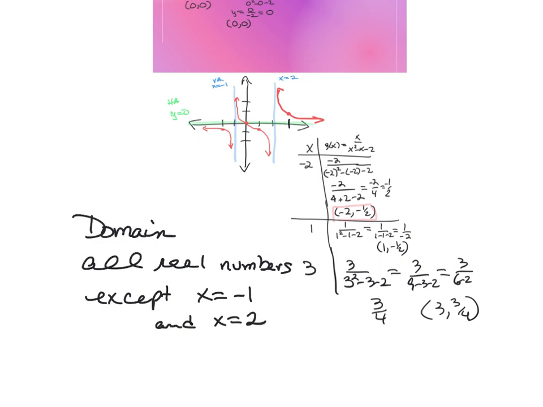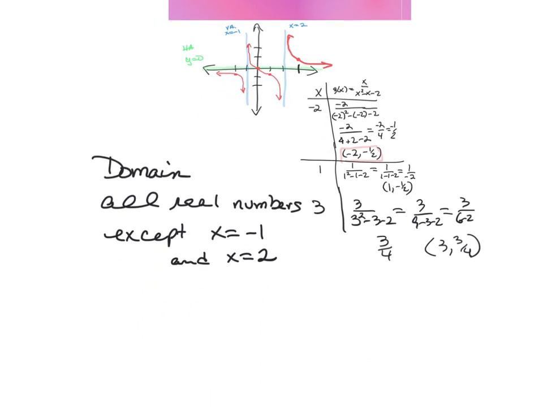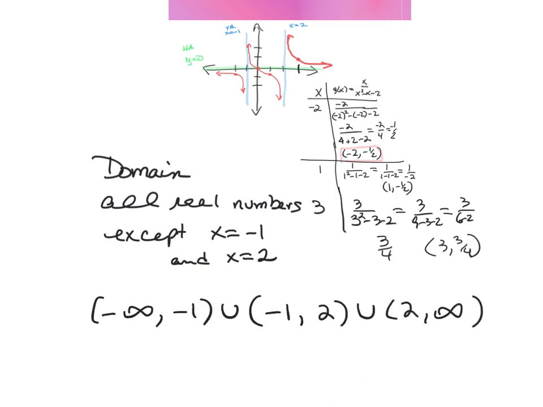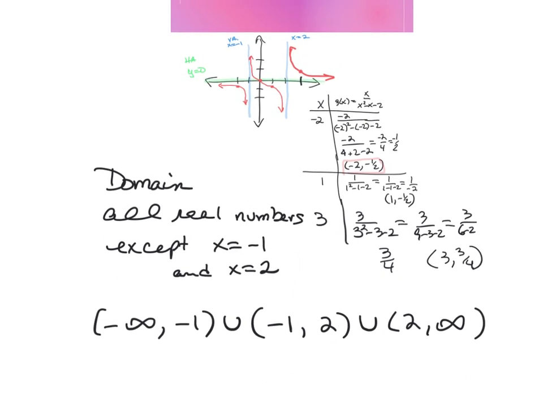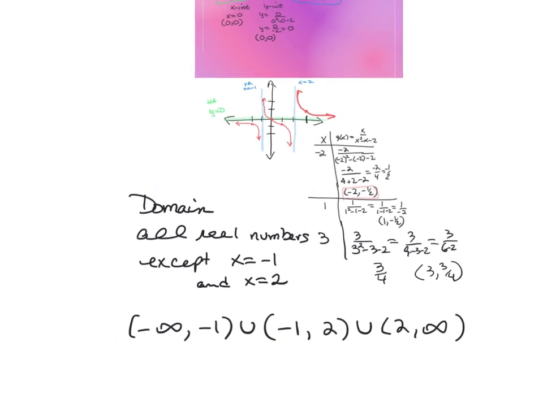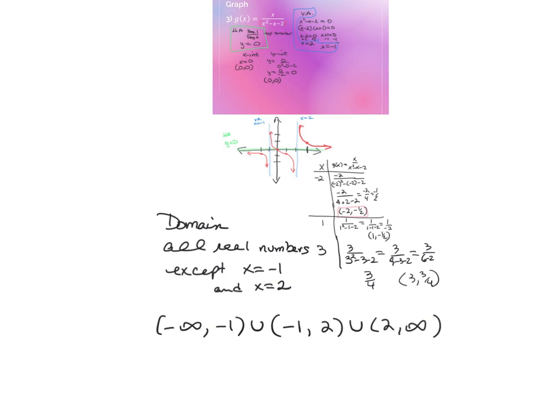These are my asymptotes. In interval notation, it would be from -∞ up to -1, union, jump over that, start up again at -1 to +2, union with 2 to infinity. So this is the domain. Remember, we do not include the vertical asymptote values.